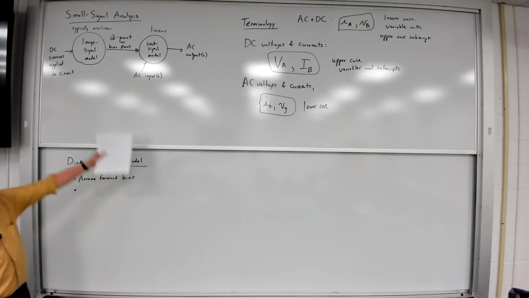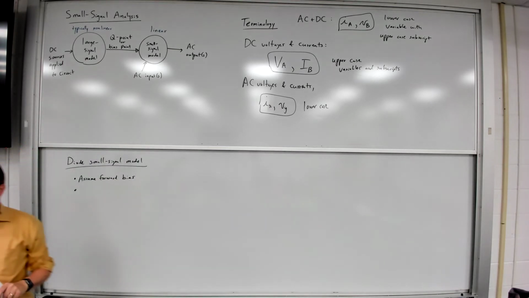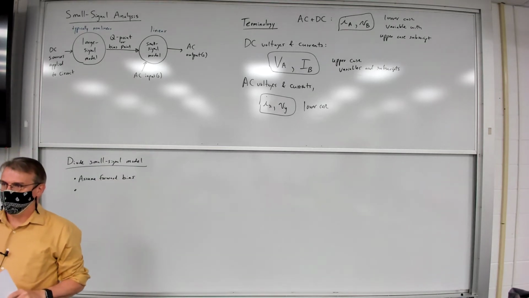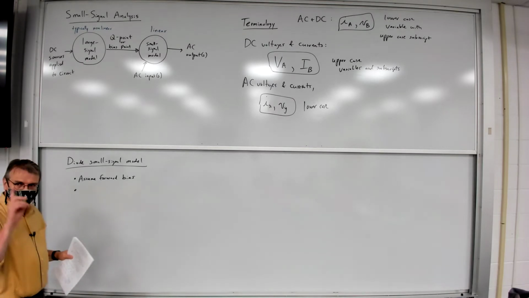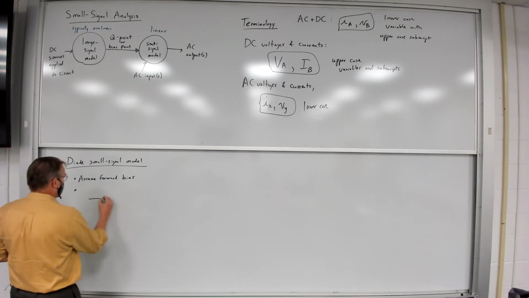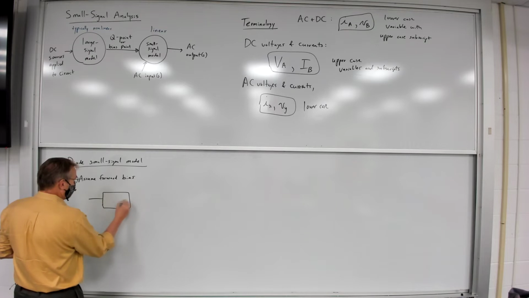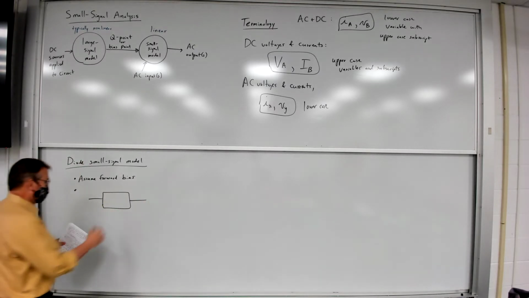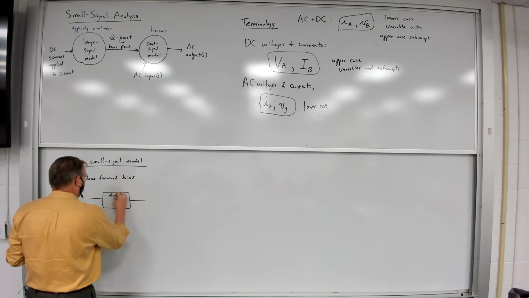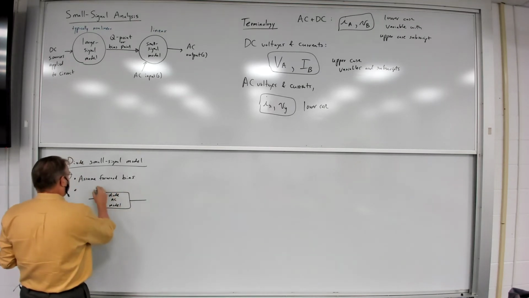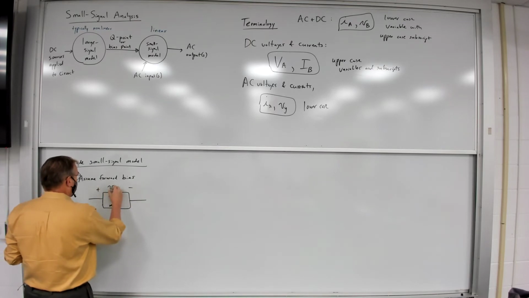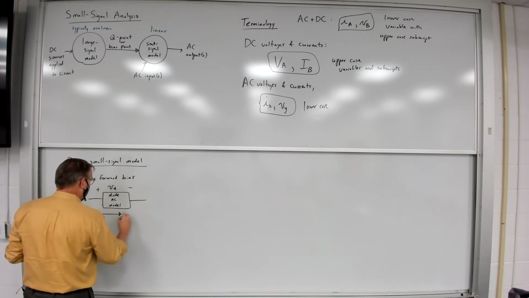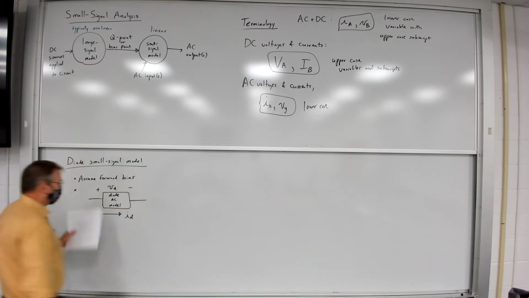Now keep in mind, small signal analysis assumes a linear circuit. So what we want is, there's going to be something in this box. It's going to be 2 terminals.